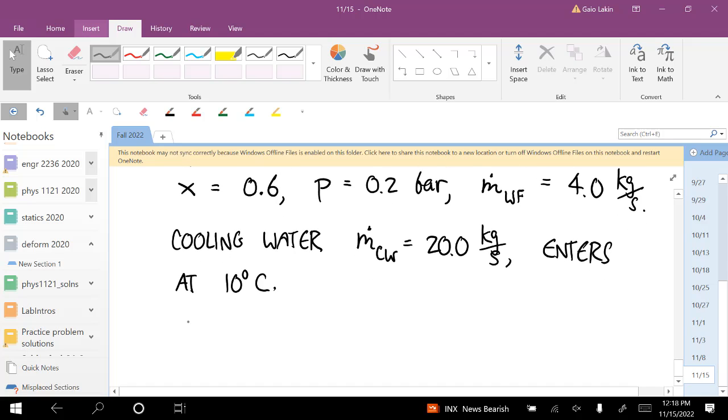And we want to know what is the final temperature of the cooling water. You know, the exit temperature of the cooling water.